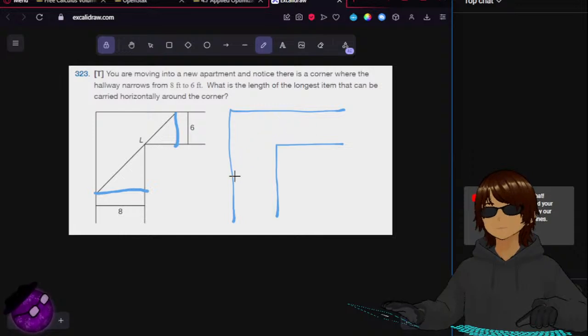Right. If you take a point, any point, and it reaches till here.